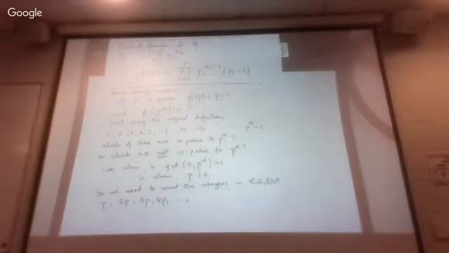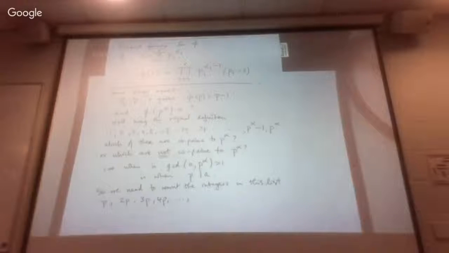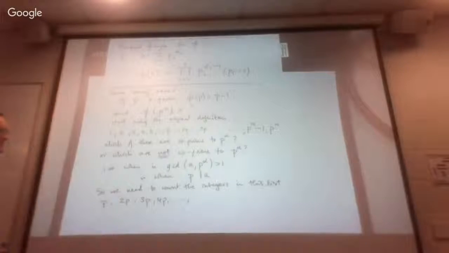What will be the last one? What's the last number there that's not co-prime to p to the alpha? Maybe I'll extend my list up to p to the alpha this time. So if we're looking at all the multiples of p, I know this one is not co-prime to p, but it just fits.